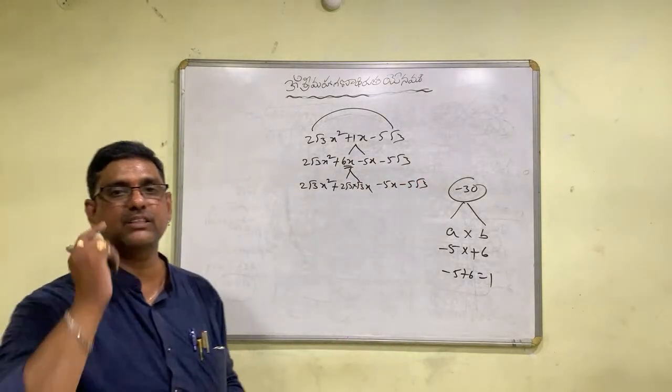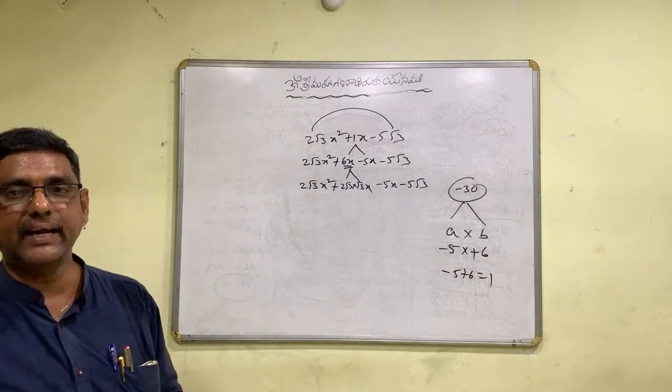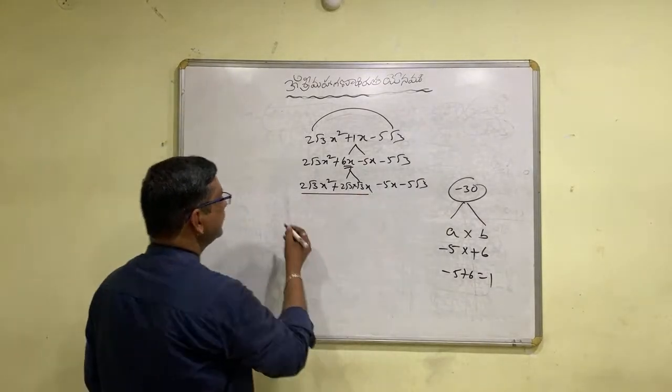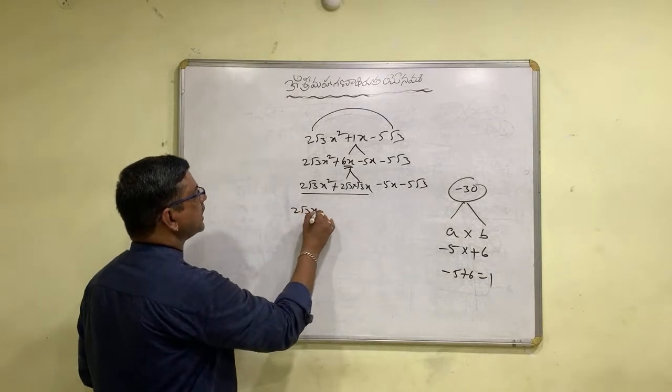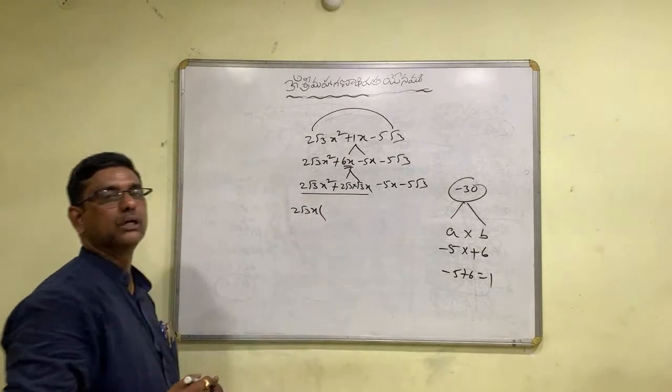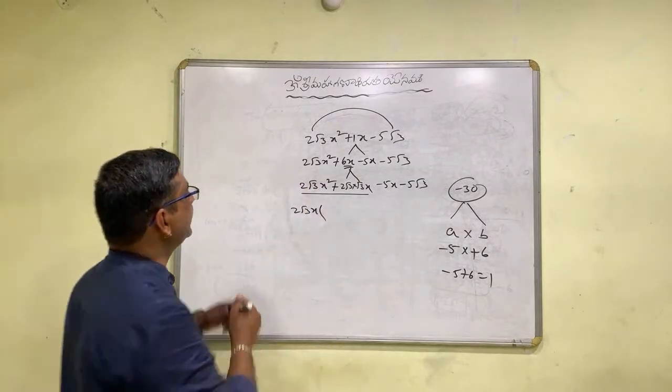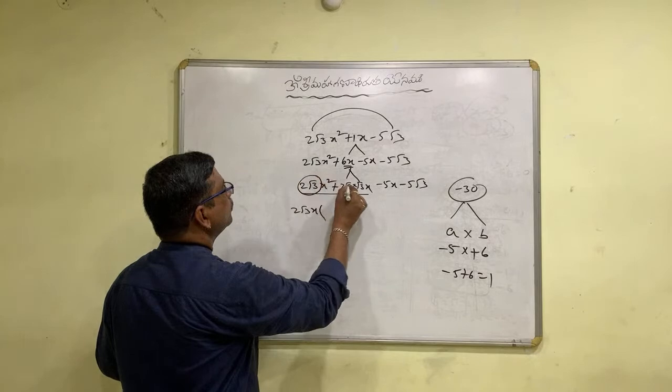Why am I writing like this? So that I can take 2 root 3x common in the first two terms easily.